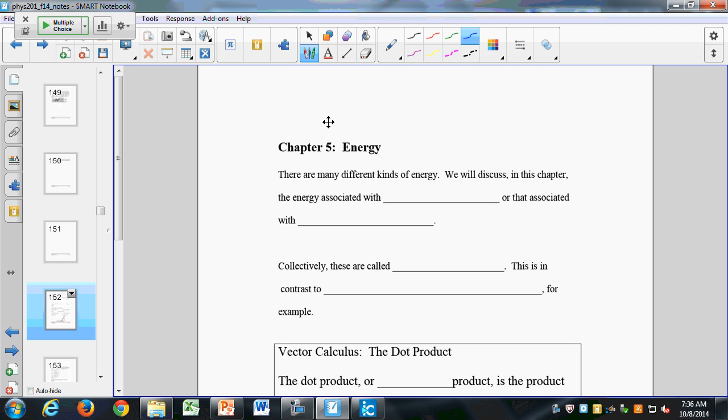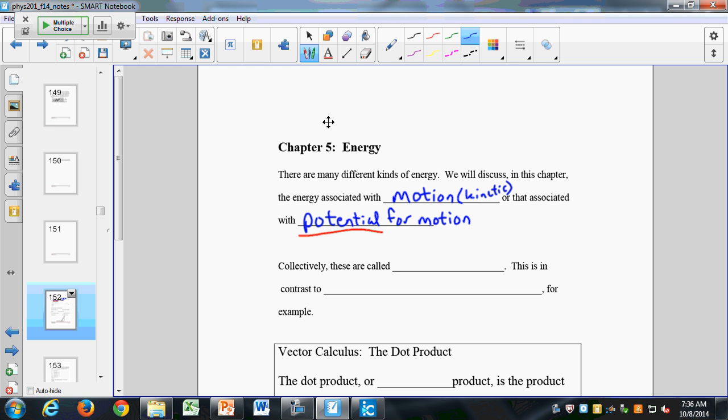There are a lot of different kinds of energy. As I said, we'll discuss the energy associated with motion. That's kinetic energy, or that associated with the potential for motion, which is potential energy.